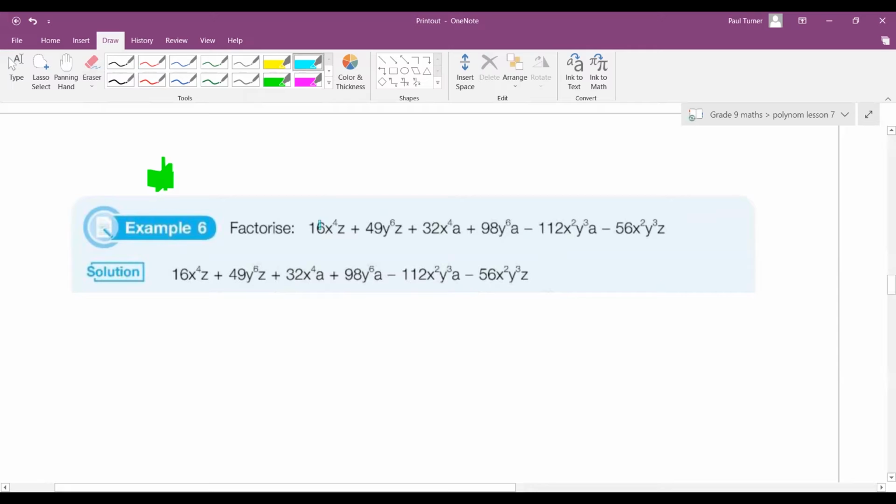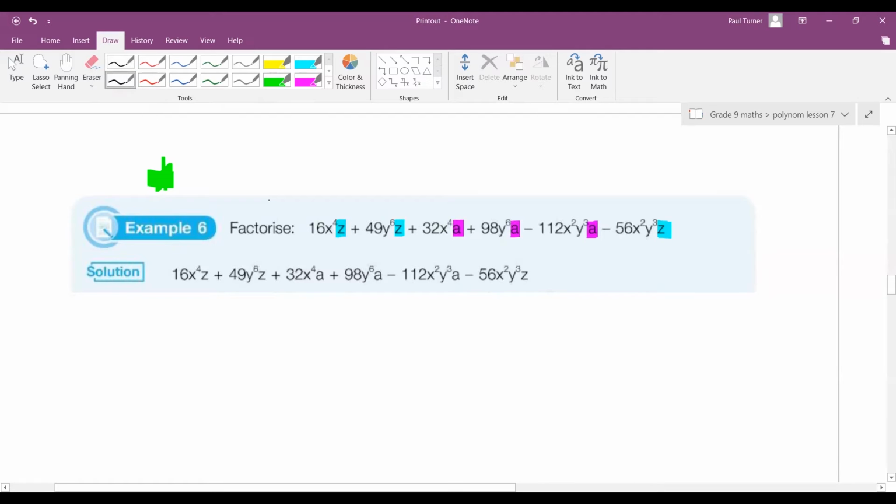And in particular, we note that this has z, there's a z here, and there's a z here. All the others have x and y, but in different forms. But these 3 have z. And you'll notice that in this one, these have a. So I'm thinking we can group these together.